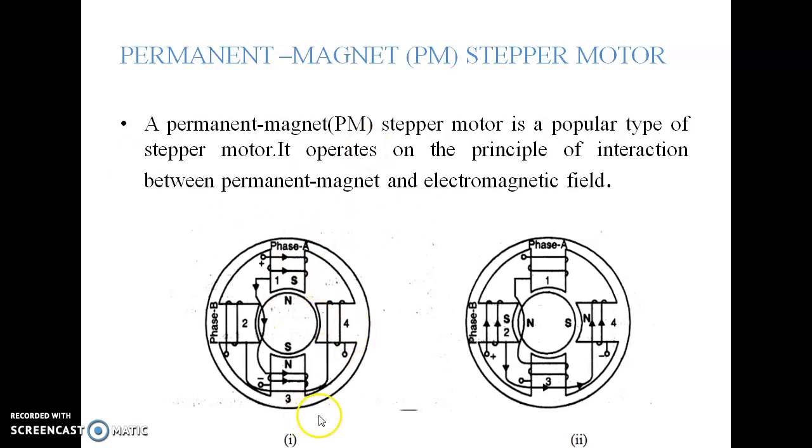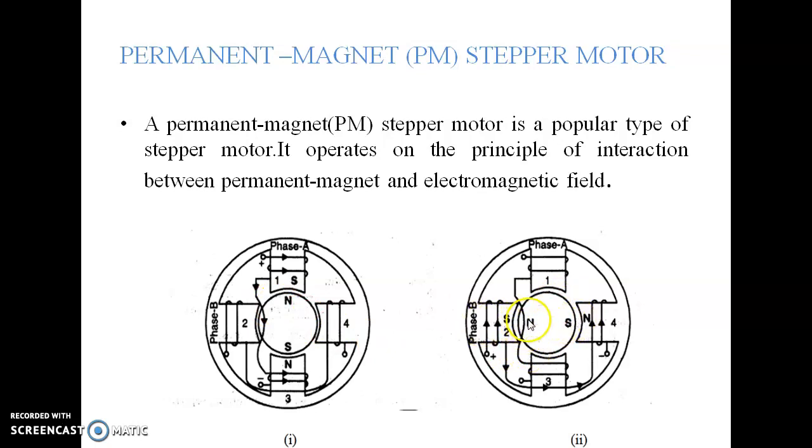So we can see here, this is the diagram. This machine has a stator consisting of 4 poles and a 2-pole rotor. Here we can see the polarity has changed.